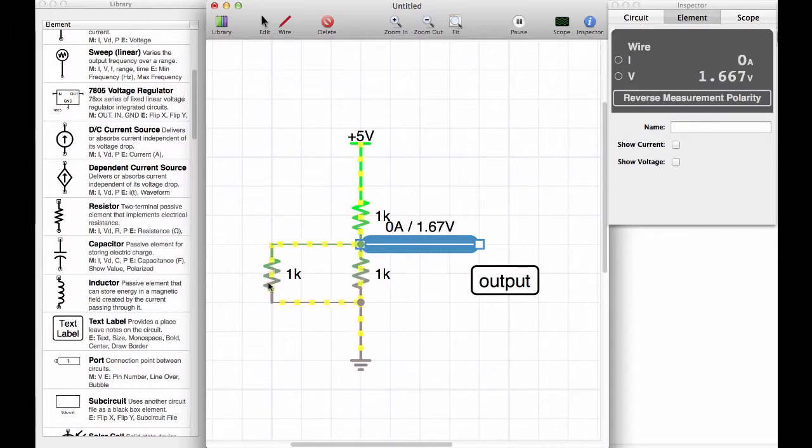So what happened is, with this second 1 kilo ohm resistor that I added in parallel, we basically lowered the resistance in the bottom part of this voltage divider, and those two 1 kilo ohm resistors in parallel end up with exactly the same effect as one 0.5 kilo ohm resistor.